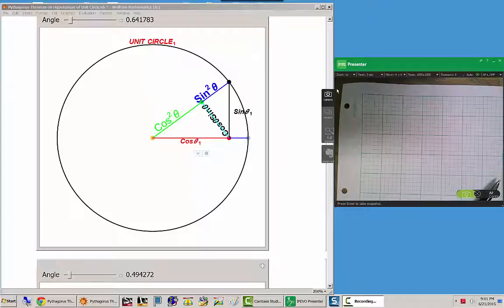we saw this in the last video from a Pythagorean point of view. Now we're going to see how the Pythagorean theorem applied to a triangle with sine on one side and cosine on the other side can be represented.